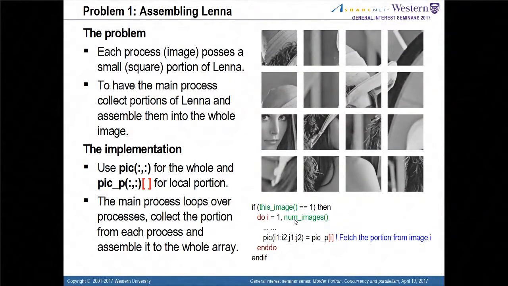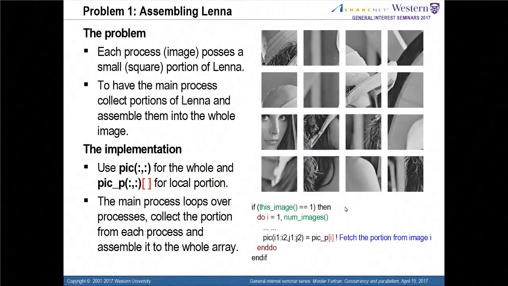I loop over all the images or running processes, and I'm fetching a portion of the picture and putting it into the whole. This is the whole picture. This is an array that is holding the whole picture. Okay, very simple. Just one line of code.